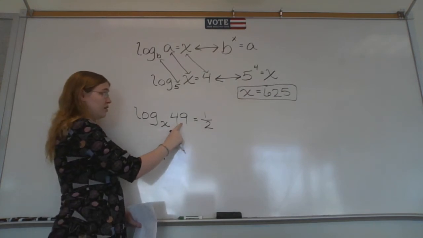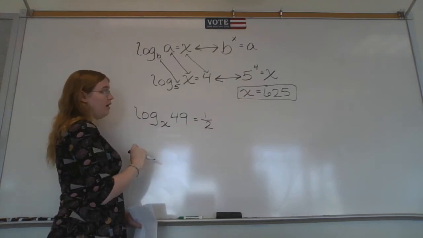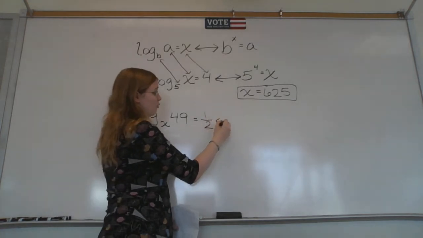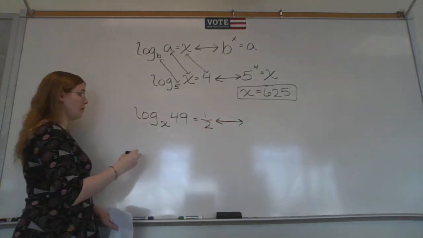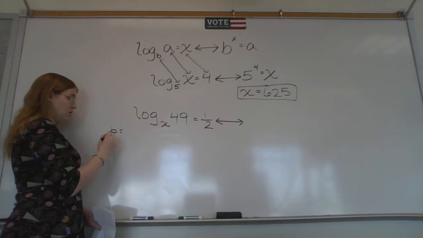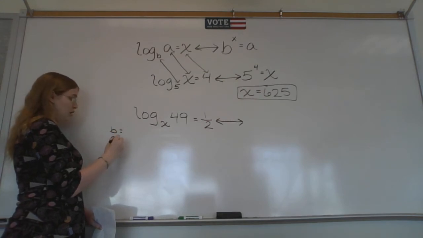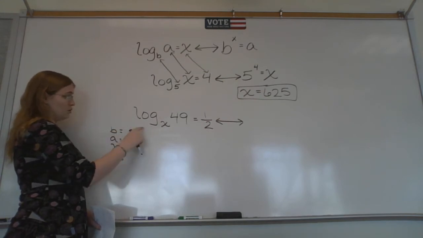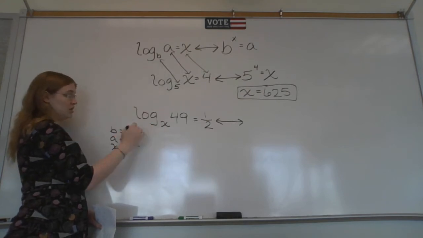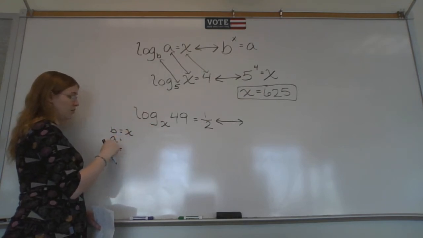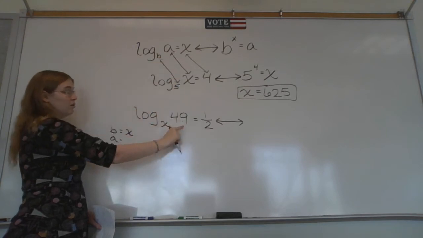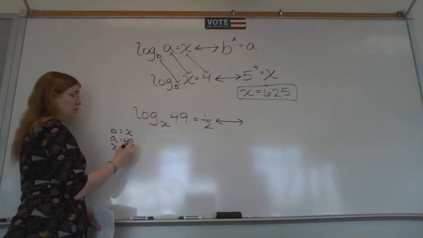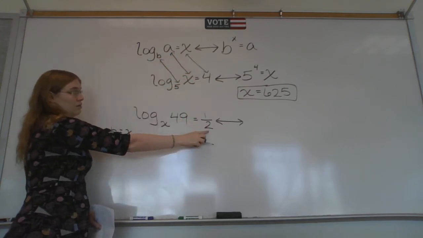Log base x of 49 equals 1/2. So if we rewrite that, first, what's my b, a, and x? So b is the base. So in this case, base is x. A, 49. And x, 1/2.